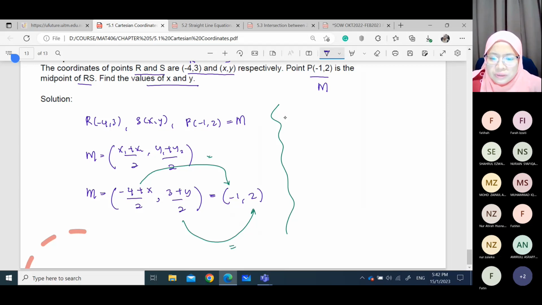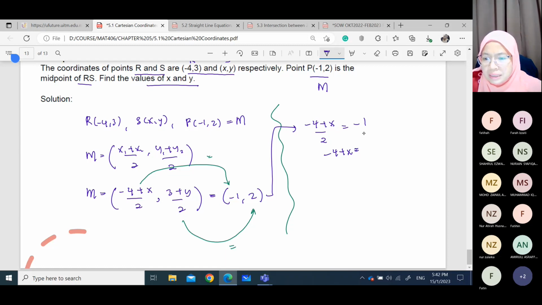Okay. So this one, negative 4 plus x over 2, it is equivalent with negative 1. So cari nilai x, so negative 4 plus x, kita pindahkan 2 ke sebelah dan dia akan jadi darab, negative 1 times 2. So in the right hand side, we have negative 2.